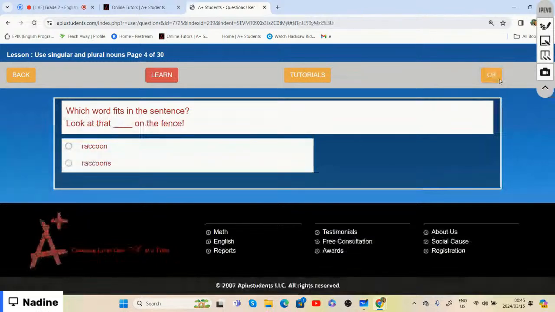So we can then say it is referring to either something as singular, which is referring to one thing, or plural, which refers to more than one thing.